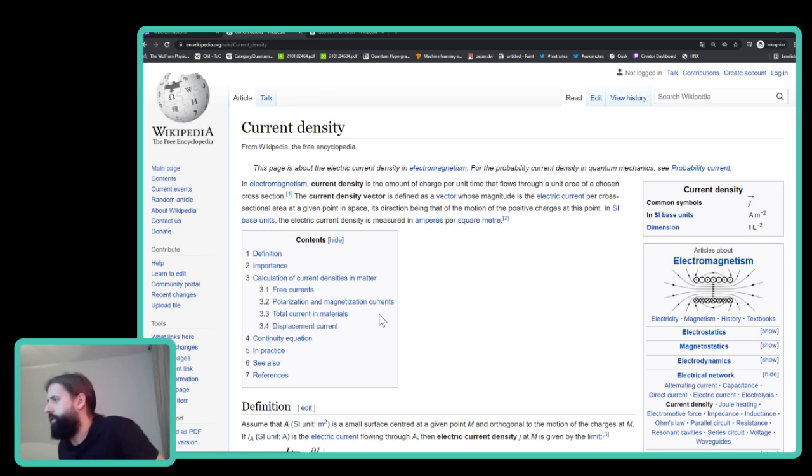It doesn't matter if it's not related to quantum mechanics, but I think this might actually lead to something. So you use this J thing. The current density vector is a vector whose magnitude is the electric current per cross-sectional area at a given point in space.